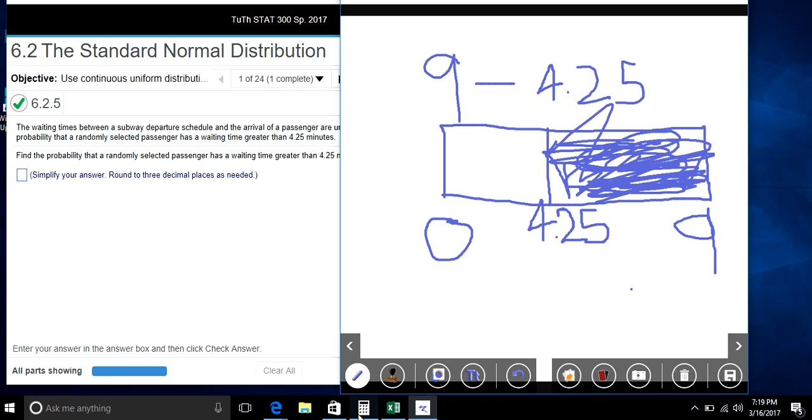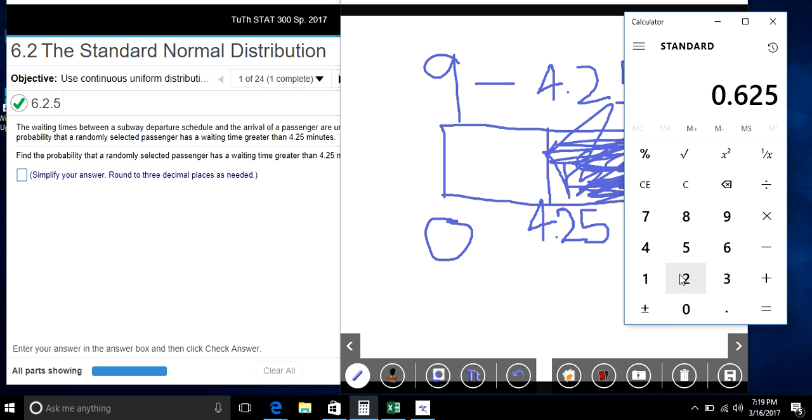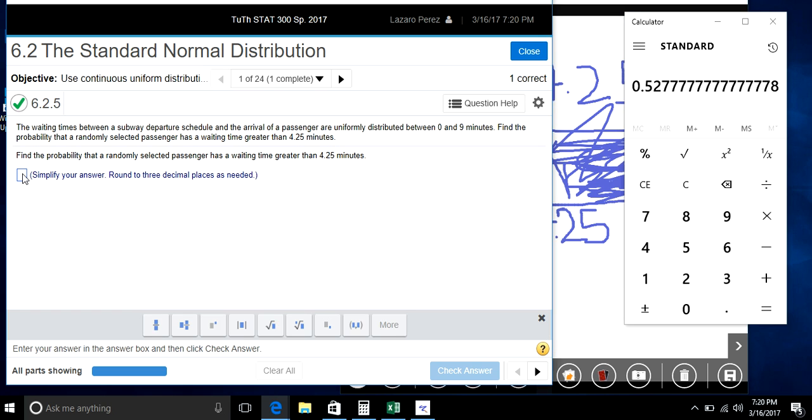All right, let's do that on the calculator. 9 minus 4.25 equals 4.75. Now we do 4.75 divided by 9. So that equals 0.527.